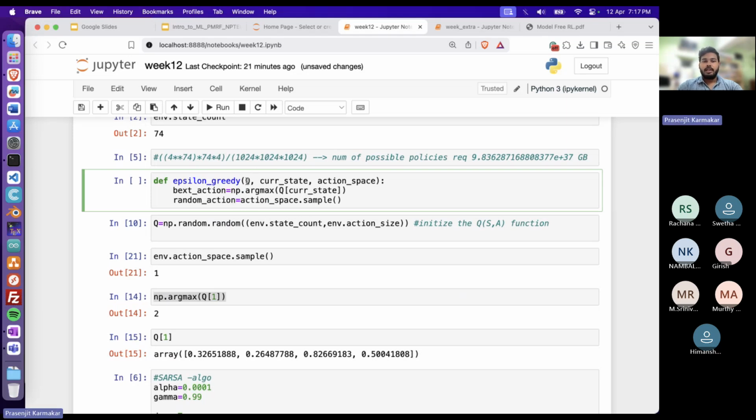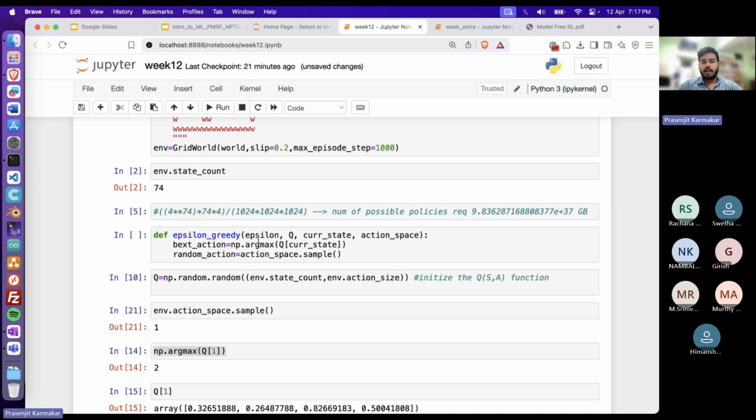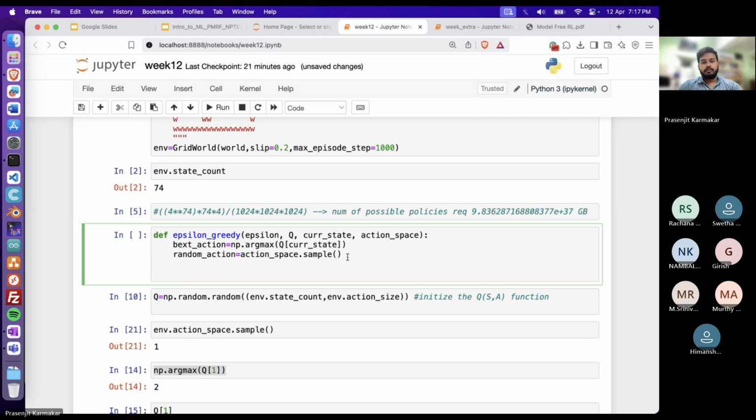Now here I also have to pass a value called epsilon. And epsilon is 1 over t, that I can pass from this loop. I have the value for t. So based on epsilon, I would either choose this or this random action. I will generate a random value with np.random.random.